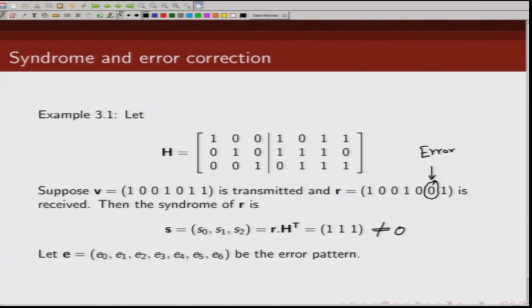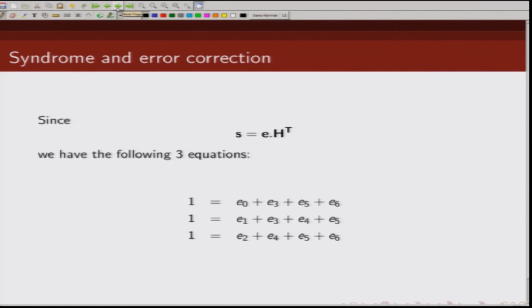In this case, we can write the syndrome in terms of the error bits. So, we have 3 equations and a total of 7 unknowns, and these equations are given by this.